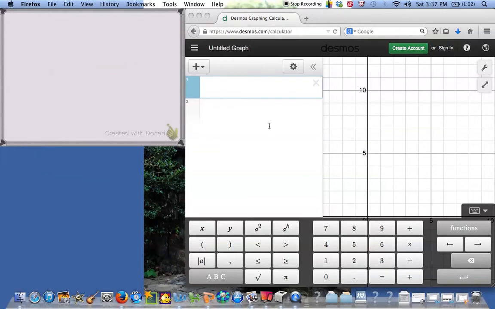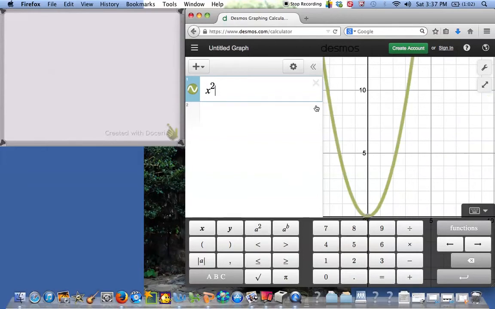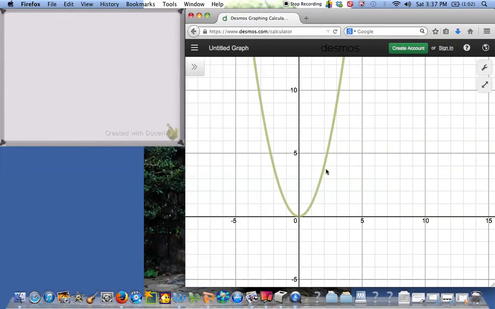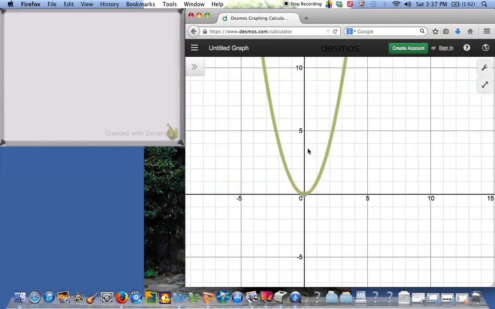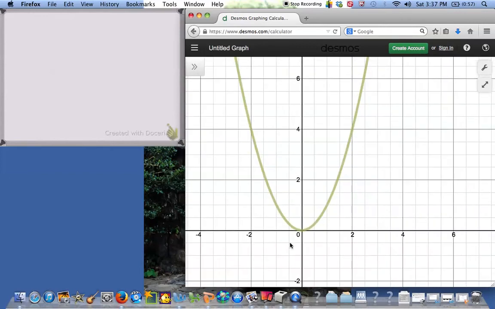So let's go ahead over to Desmos and actually look at some equations and write out what the minimum or maximum would look like. So we're going to start out with a basic x squared graph. As you can see, this curve has a minimum. And on Desmos, it's really nice. x squared is the function we're working with, and it'll let you click on the mins and maxes, it'll tell you the exact point.